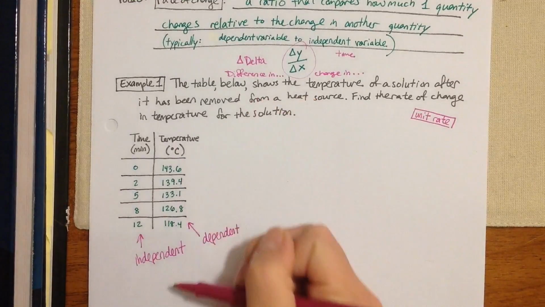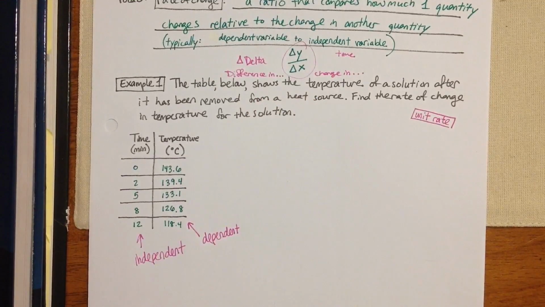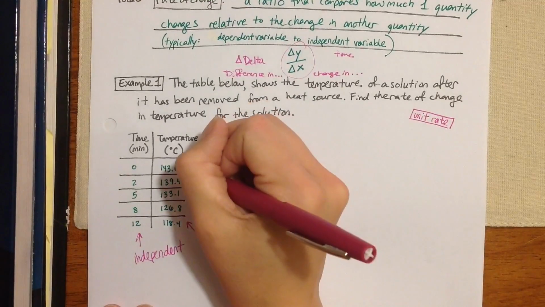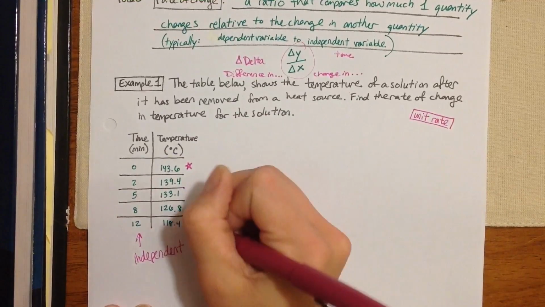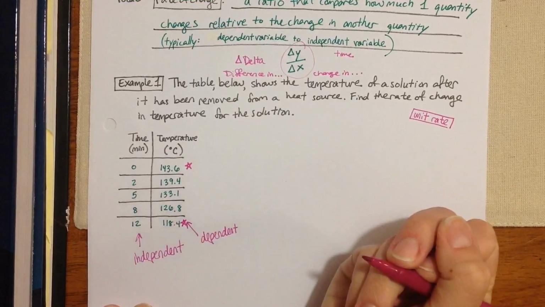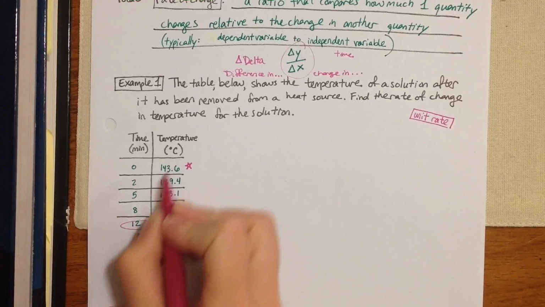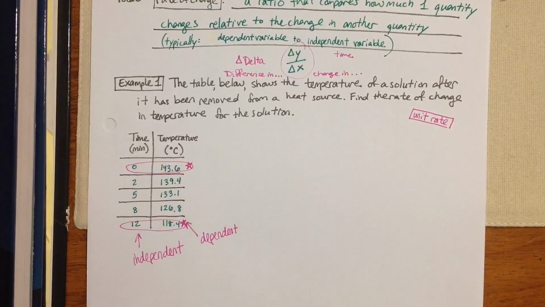There's a lot of options here. We really only need two slots for this. I'm just going to pick this first one because I like working with 0, and I'm going to pick the last one as well, this set of data and this set of data, to get my ratio of the comparison. Like I said, it's usually dependent to independent.